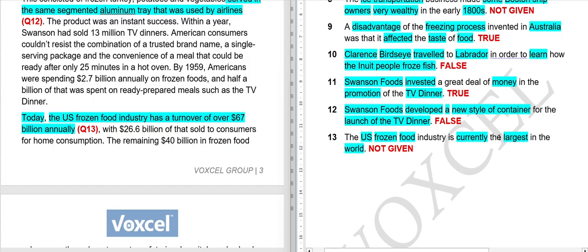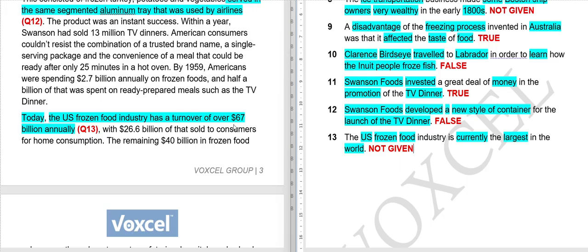So in the question they are saying the US is the largest market industry in the world. But the passage is just saying the amount of money this industry generates. The turnover it has is $67 billion annually. But there is no comparison with the rest of the world, like whether it is the largest, second largest in the world, or things like that.